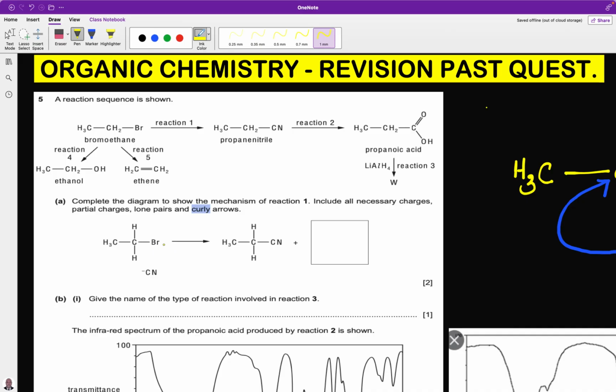So, for the purpose of revision, let me just brief you. Remember that the nucleophile approaches the primary halogenoalkane.